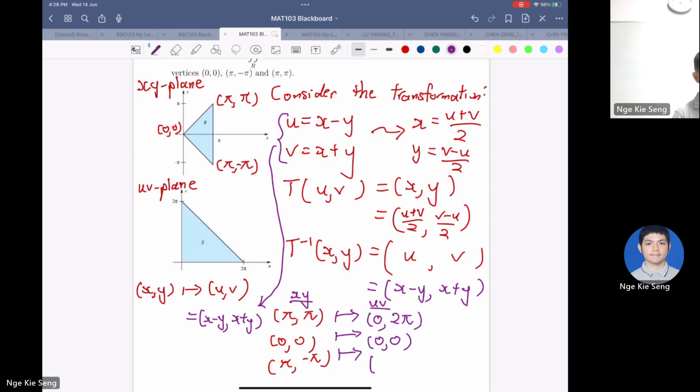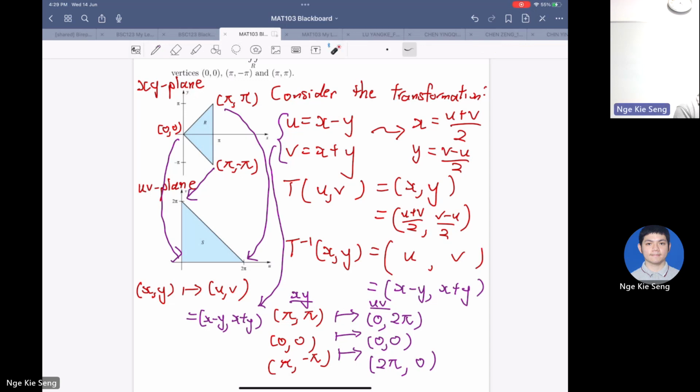So you get these 3 points: 0 gets sent to 0, 0; pi, pi gets sent to 0, 2 pi; and pi, minus pi gets sent to 2 pi, 0.